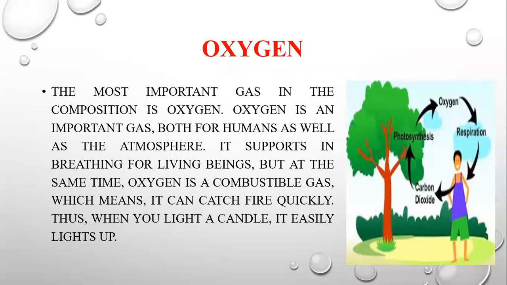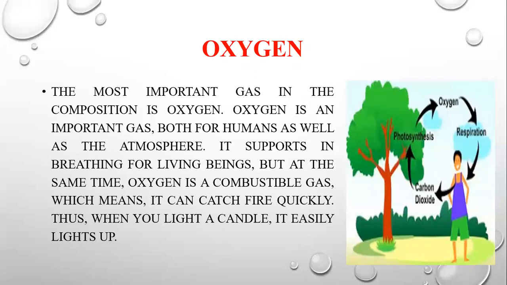And in the normal scenario, human beings take in oxygen and expire carbon dioxide. Plants in the daytime take in the carbon dioxide and release the oxygen for the living beings who are present.